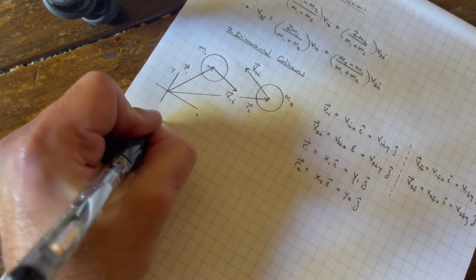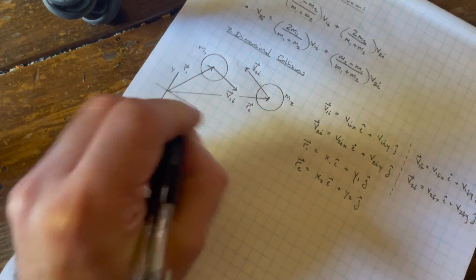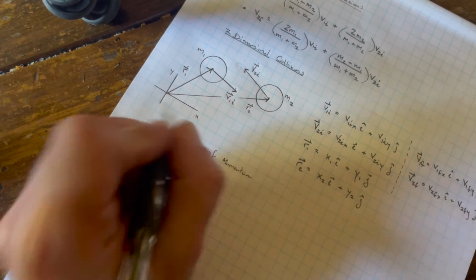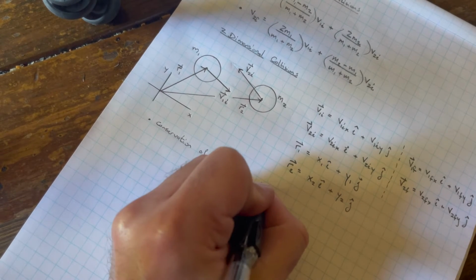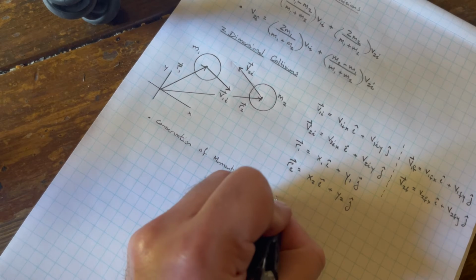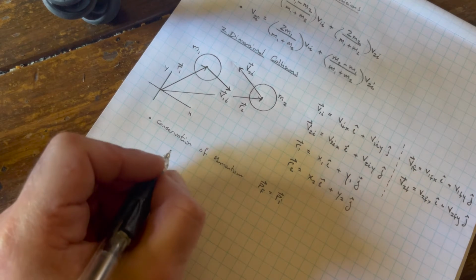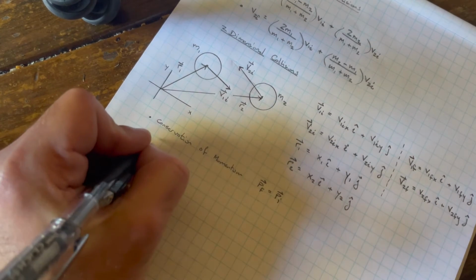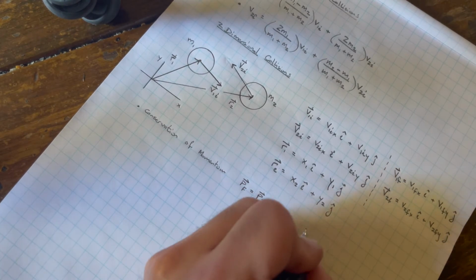So we use conservation of momentum, which dictates that the total final momentum is equal to the total initial momentum. In this case, we have two dimensions, so let's write down the initial momentum for the first particle.